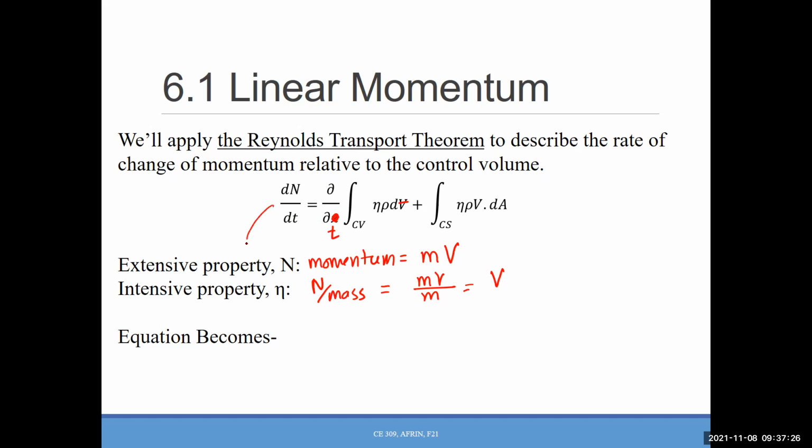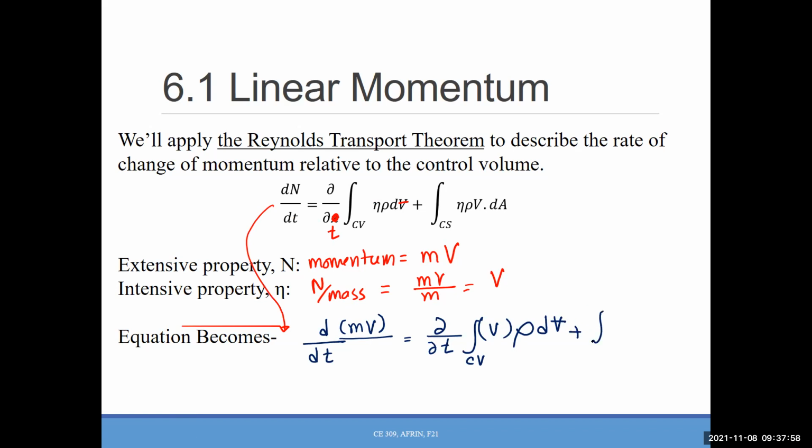So for eta, it will be v rho in the control volume. Whenever you see one line with V, that is for the volume. CV is for control volume, CS is control surface.